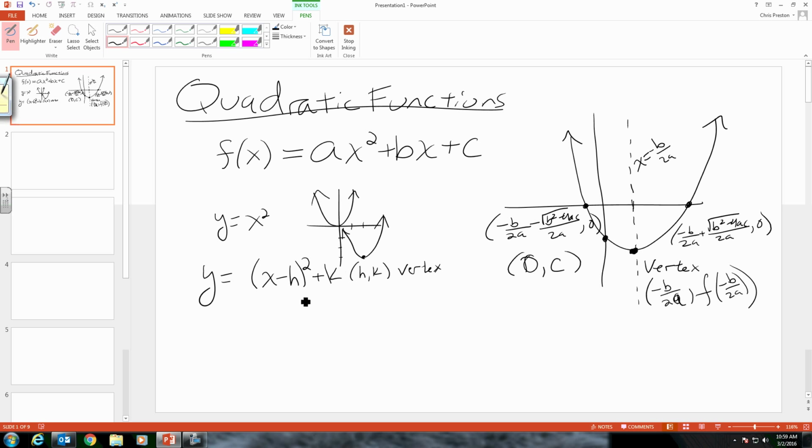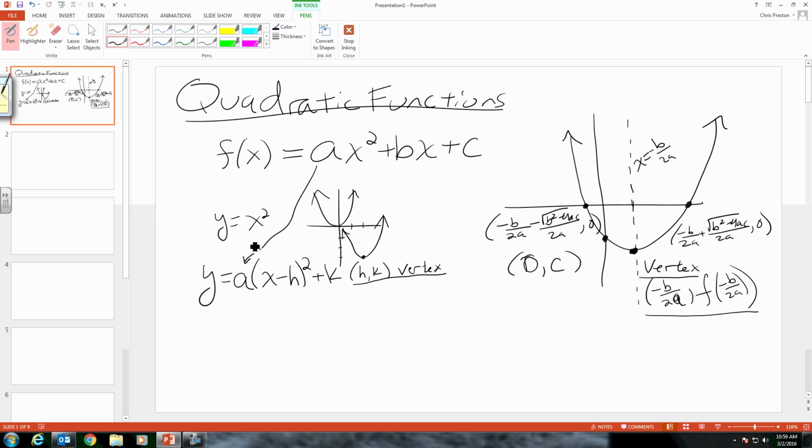That covers the fact if k is positive or negative. And then, I don't know, maybe this is a little wider than it normally is, maybe it's a little skinnier, all of that stuff is handled by a multiplier a. It should be noted that this a and this a are the same a. So another way of describing the vertex is calling it this h, k. And you can write the equation in this format.